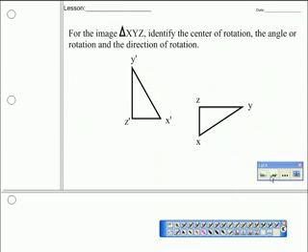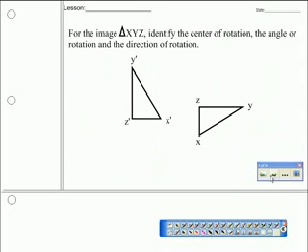The other thing you'll have to do, very limited, I don't like to do a lot of this, is identify the center of rotation, the angle of rotation, and the direction of rotation. Mainly I do these so you picture or figure out which one's the original and which one's the rotation.